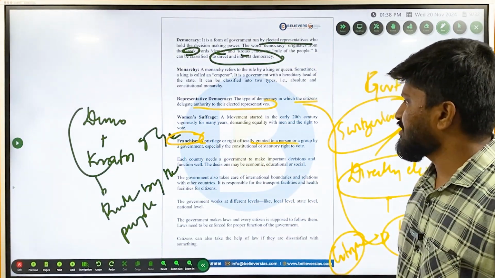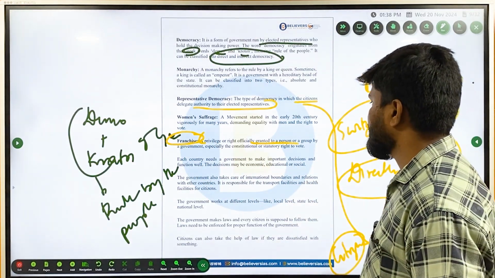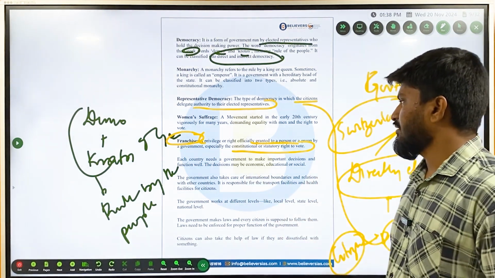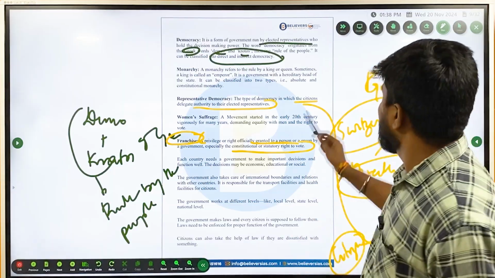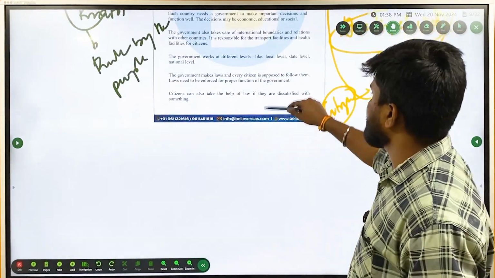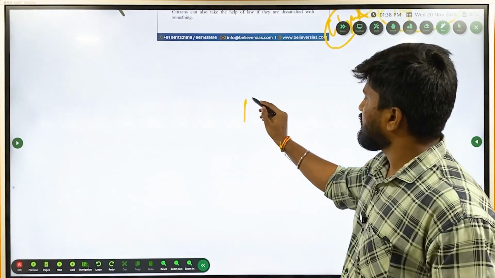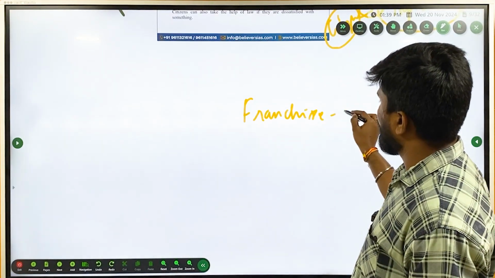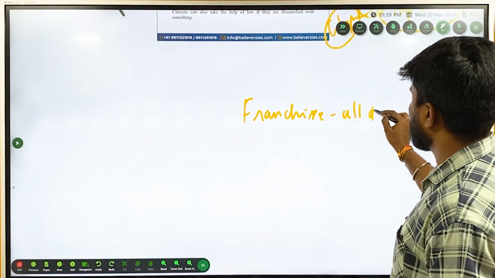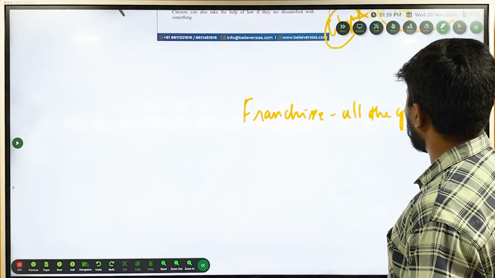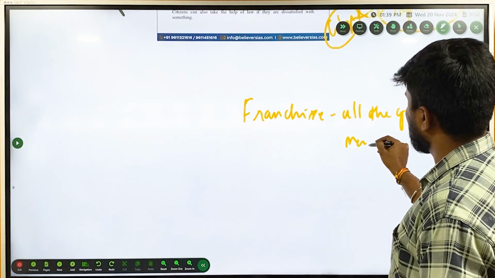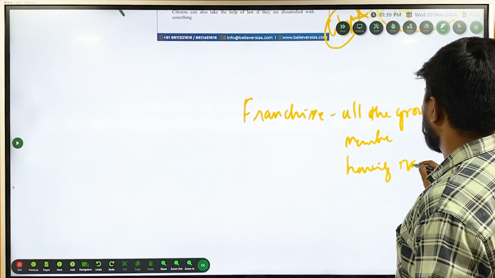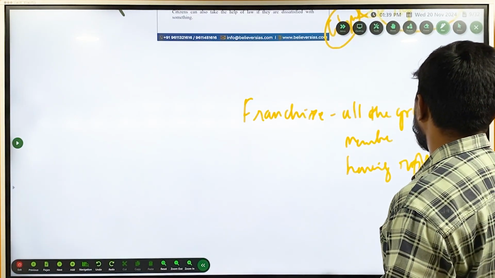It is a privilege or right officially granted to persons or a group by the government, especially the constitutional or statutory right to vote. So franchise is all the members belonging to a group having the right to vote.